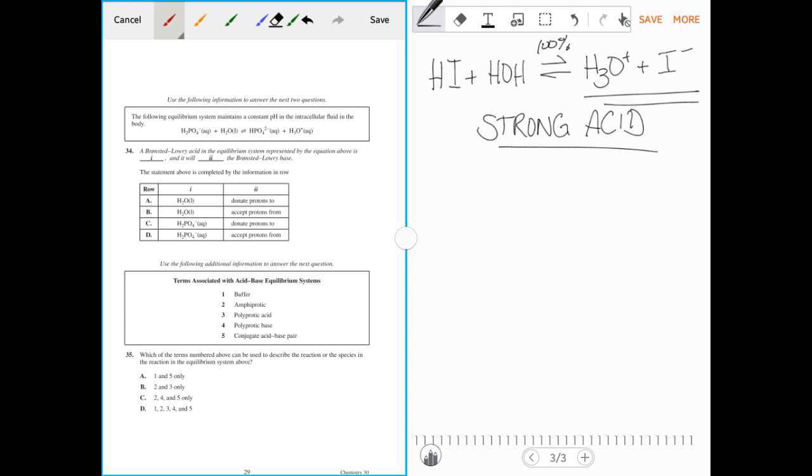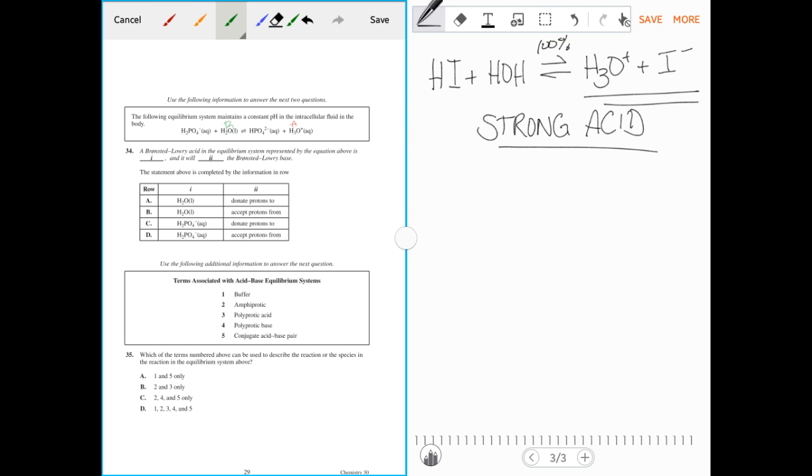So we're talking about our Bronsted-Lowry acid and our Bronsted-Lowry base. In this case, we have our acid here and our base, and I mixed that up a little bit.